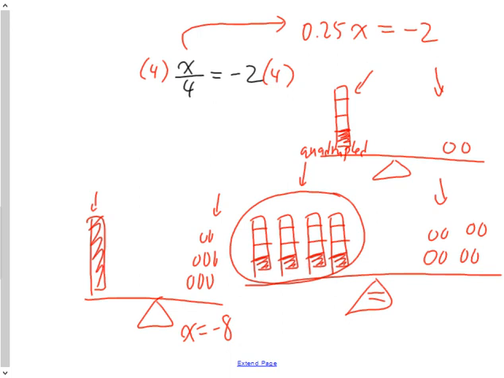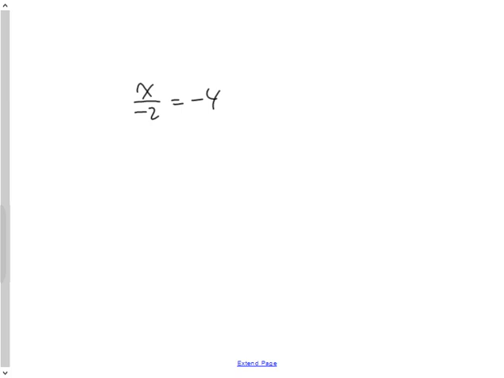Whatever I do to one side of an equation, if I do the same thing to the other, it maintains equality. Multiplying a quarter of x by 4 gives me a full x. And multiplying negative 2 by 4 gives me negative 8. And my solution is x equals negative 8.